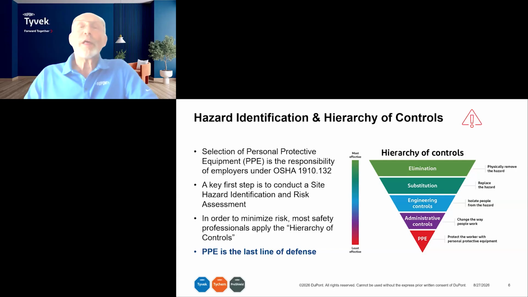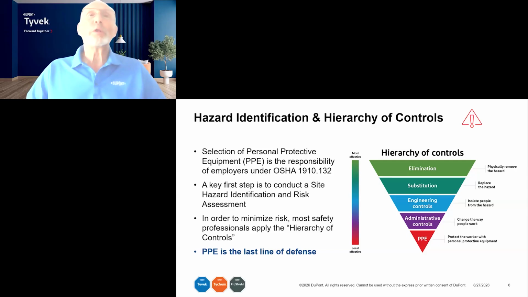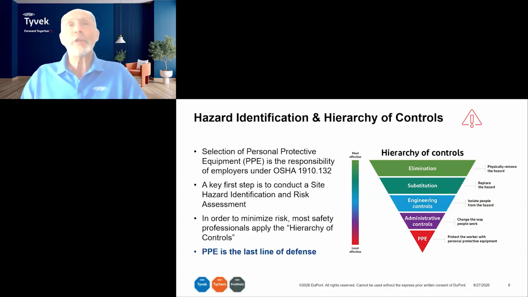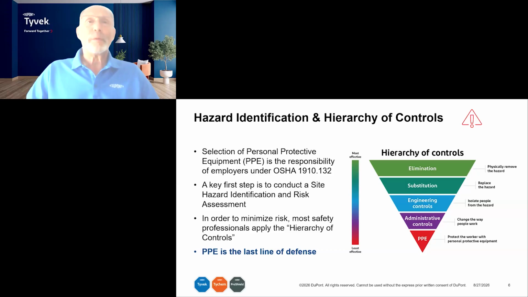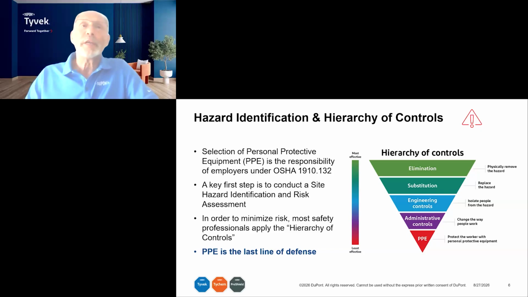So even after applying the higher levels of control, elimination, substitution, engineering controls, and administrative controls, we know that oftentimes the PPE is still needed to control those residual risks.